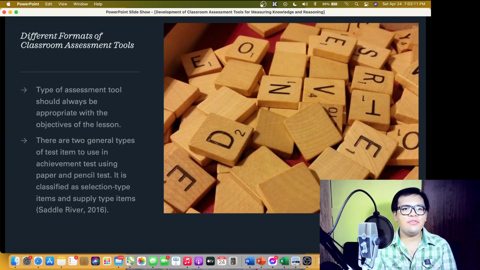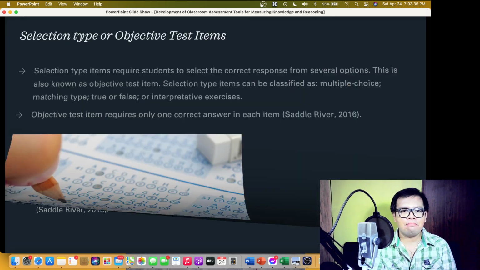So, different formats of classroom assessment tools. The type of assessment tool should always be appropriate to the objectives of the lessons. Again, this should be anchored. And Sadler River of 2016 was able to mention that there are two general types of items to use in achievement tests using paper and pencil tests. They are classified as selection type items and supply type items.